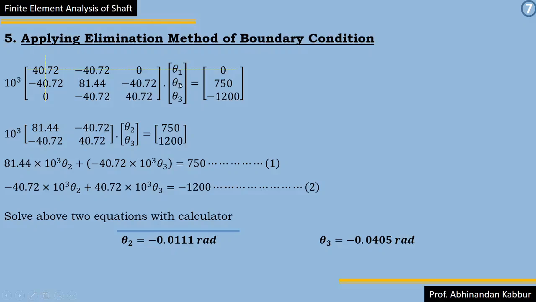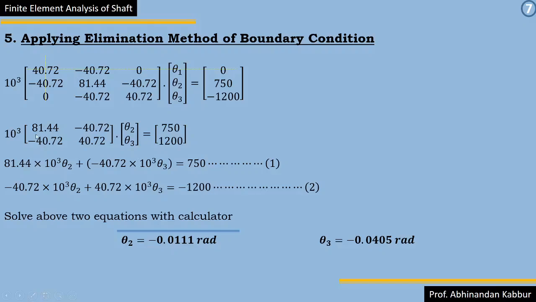Then theta 1 is eliminated, leaving theta 2 and theta 3. That will be equal to T2 and T3. For T1, I don't have any torque applied at node number 1, therefore it is 0. Then I have a torque of 750 which is clockwise, therefore it is plus 750, and 1200 anti-clockwise, therefore it is minus. So actually this is a minus value here.